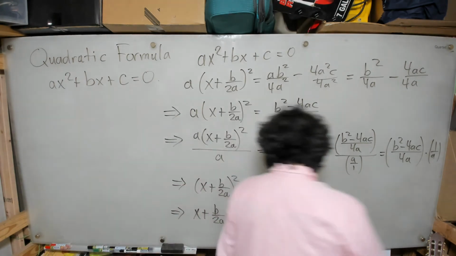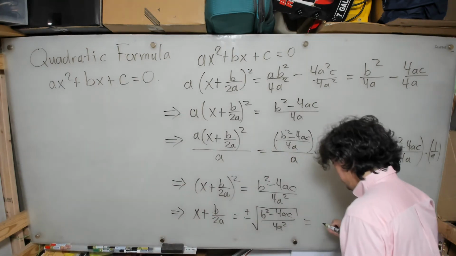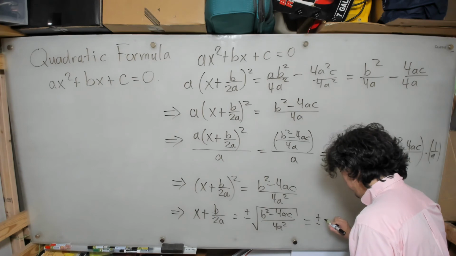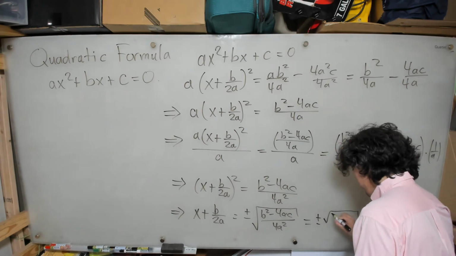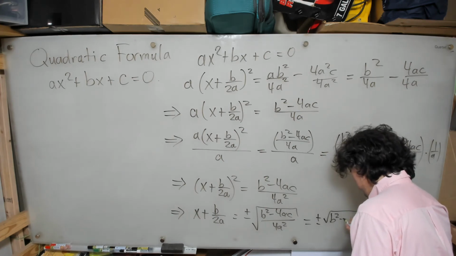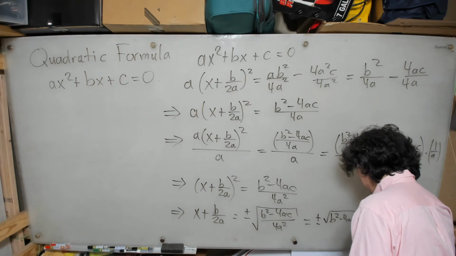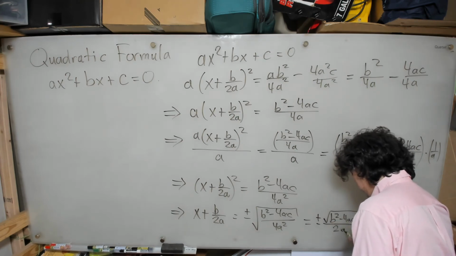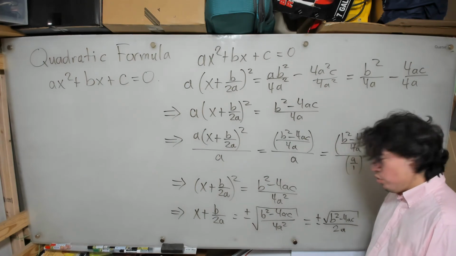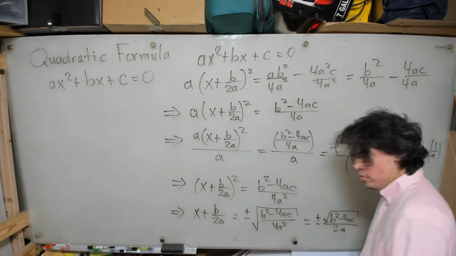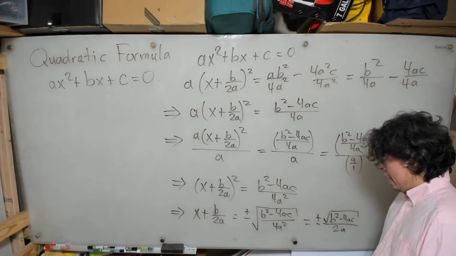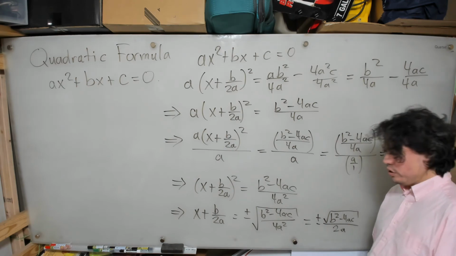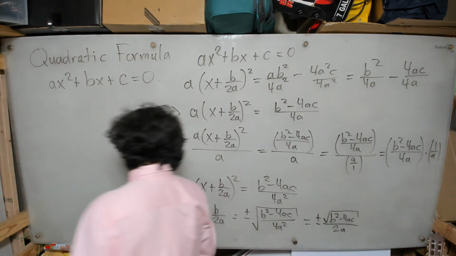Okay, so I can see that this is going to break down into plus minus the square root of b squared minus 4ac over 2a, because 2a is the square root of 4a squared. Okay, and now I'm almost done getting the quadratic formula.